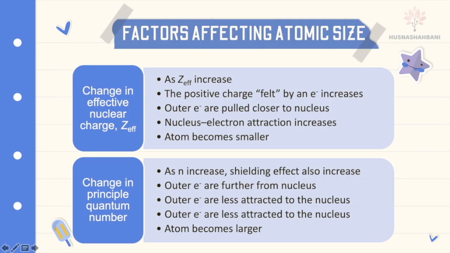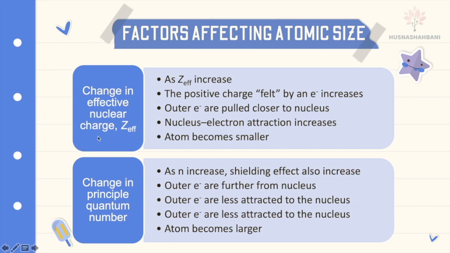Factors affecting atomic size: change in effective nuclear charge and change in principal quantum number. These two are the factors that affect the atomic size. How?